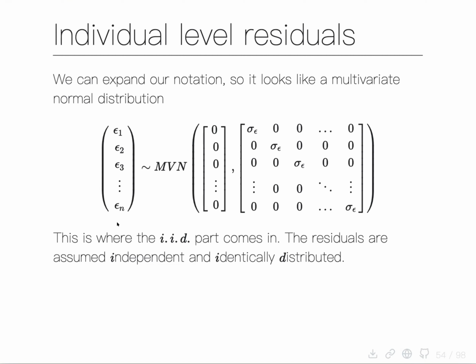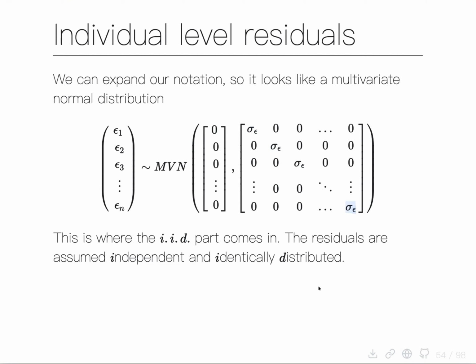We could assume that their error structure was generated from a multivariate normal distribution with a vector of zeros and then an error structure that looks like this. Every student has their own error, but notice the off diagonals here are all zeros. This is standard OLS, what we do when we're modeling with ordinary least squares.